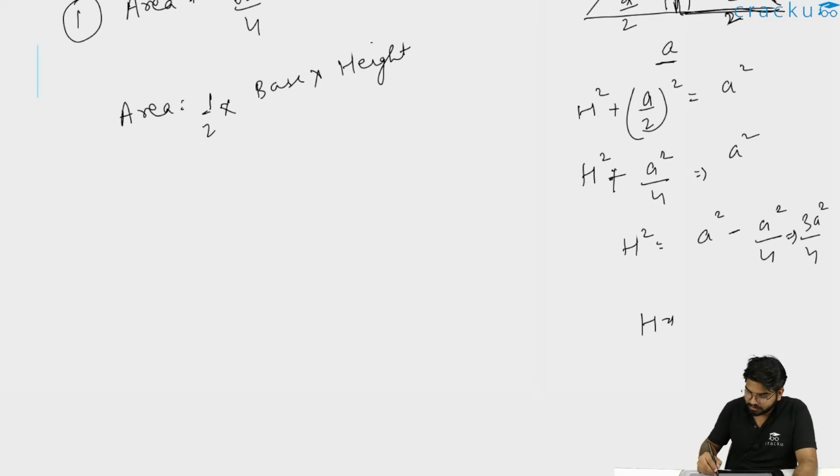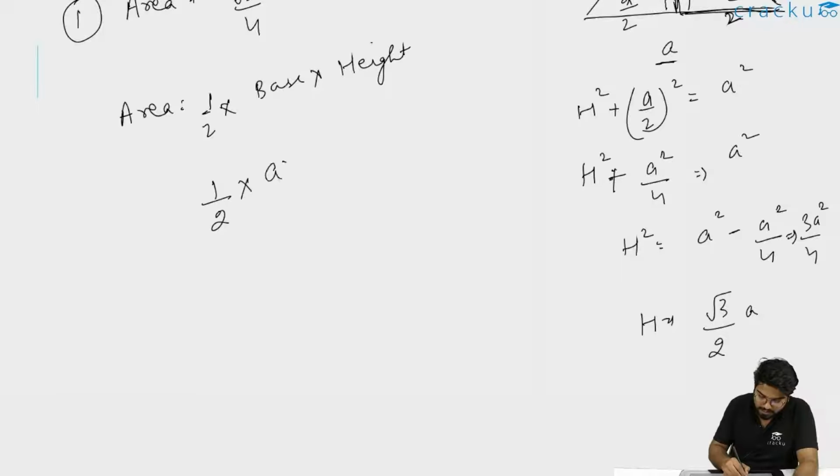Height will be, if I take under root on both sides, root 3 by 2 into a. If I replace here, 1 by 2 into base a into height root 3 by 2 a, this becomes root 3 by 4 a square.